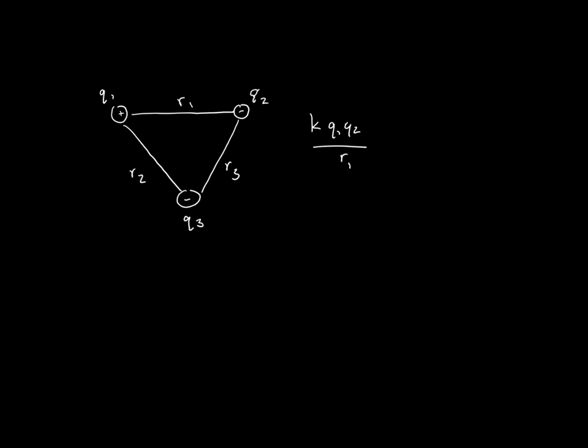Then I'm going to deal with these two charges right here in pink. That's going to be k times negative Q2 times negative Q3, over r3. Still adding them all up, but you got to take signs into account. And then the one in blue will be between Q1 and Q3 right here.